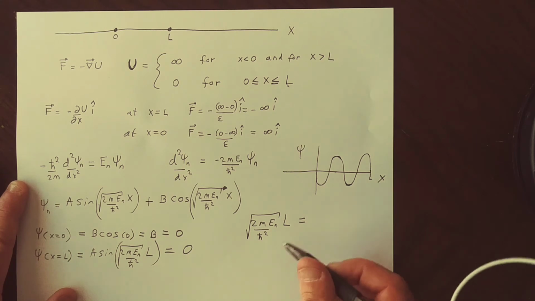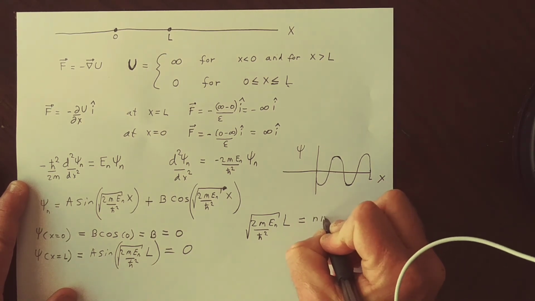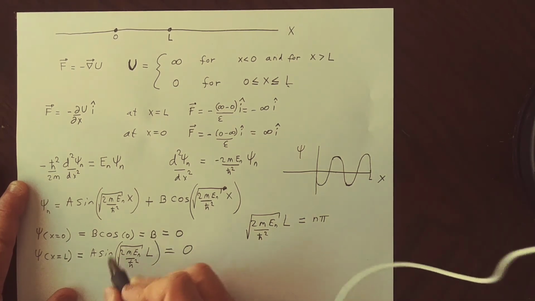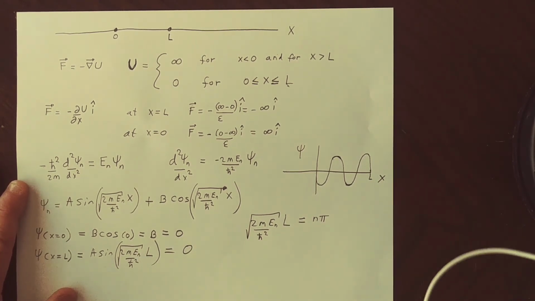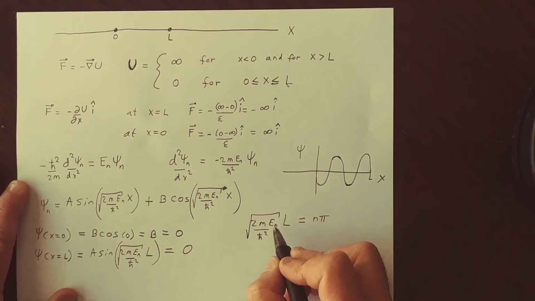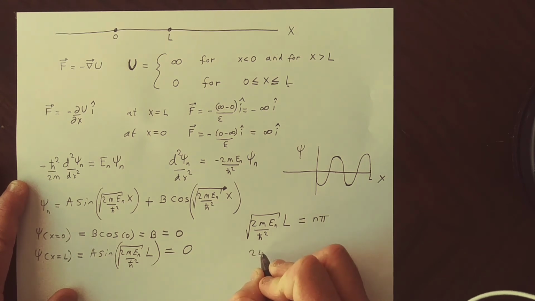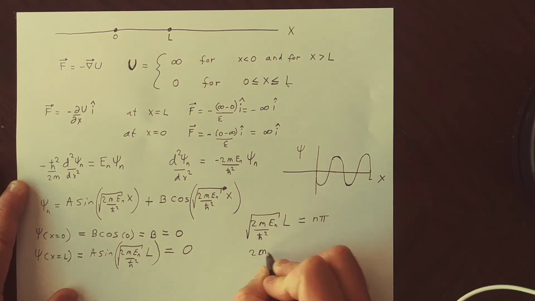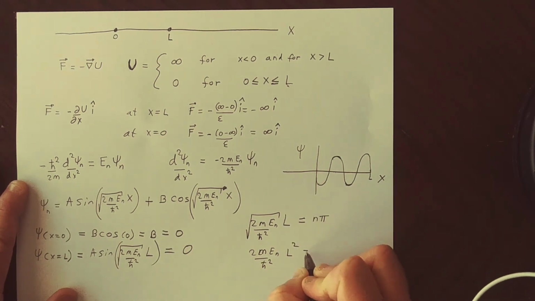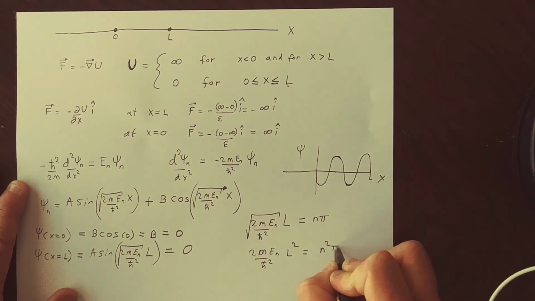Pi, 2 pi, 3 pi, and so on, so n pi, because that makes the sine of that equal to 0. And so this tells us that, right, we want to solve for the energy. Let's square it: 2m En over h bar squared times L squared is equal to n squared pi squared.